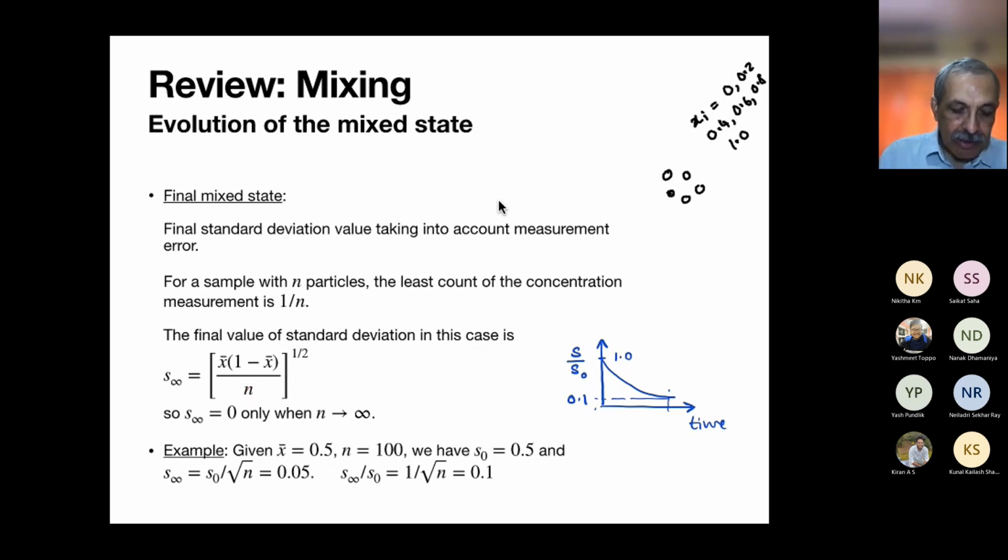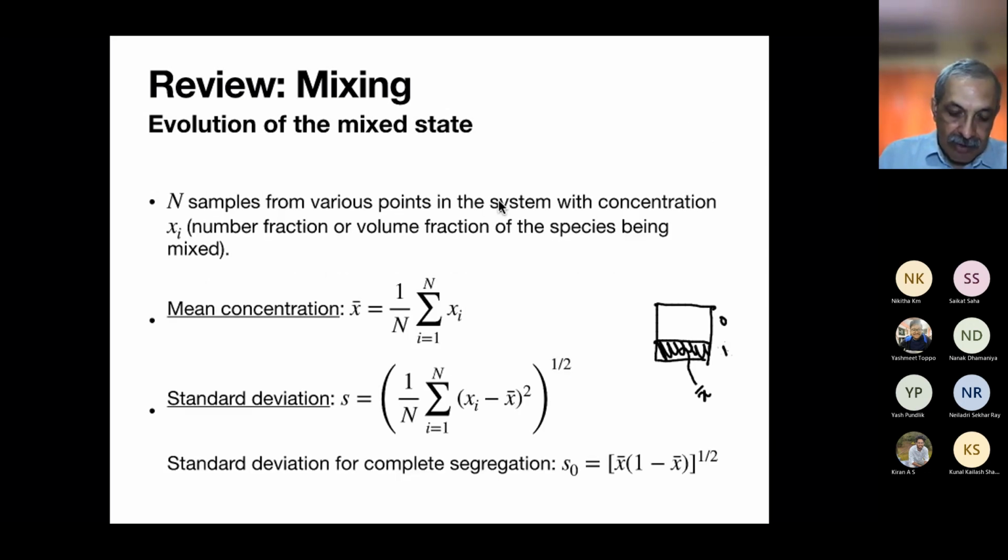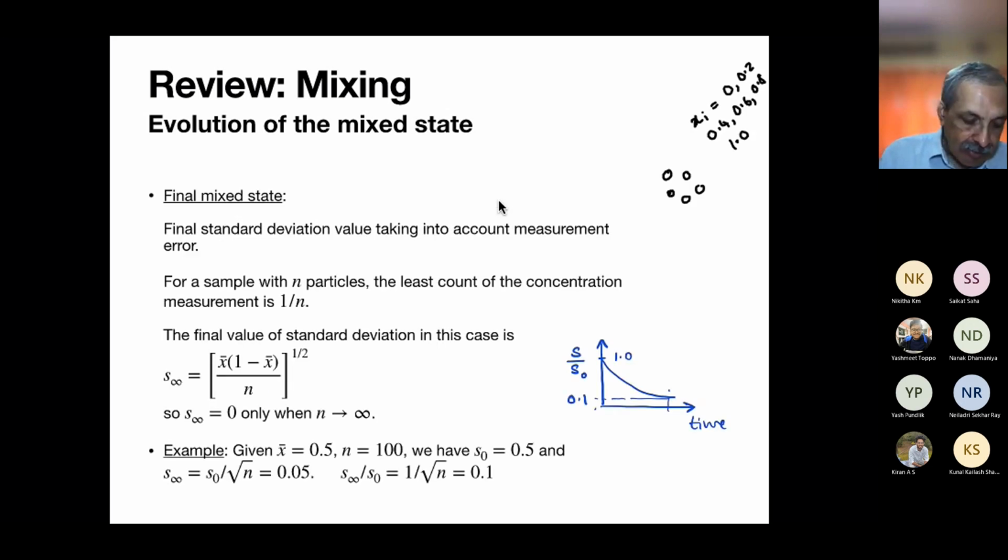And so this S infinity will be 0 only when n goes to infinity. Here n is the number of particles in a sample, whereas over here capital N is the number of samples that you have taken from the system. So in each sample, what we expect is that there will be n particles, small n particles. And of course, we only can take a finite number of particles.